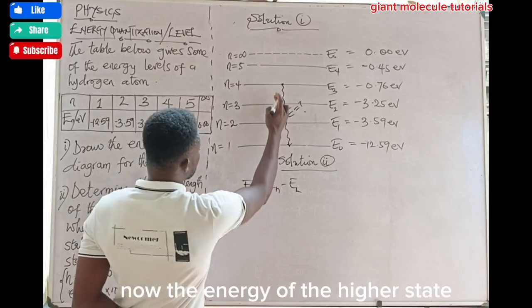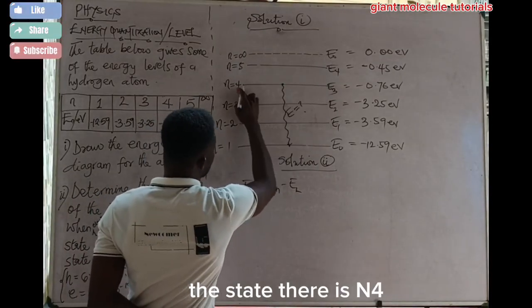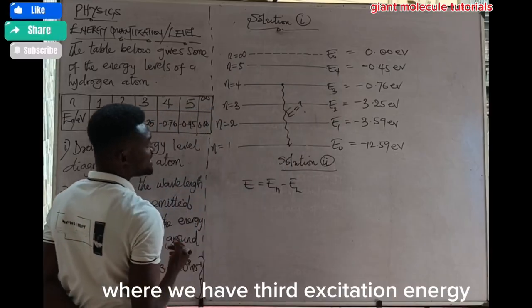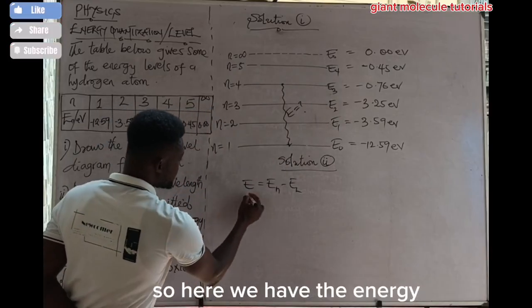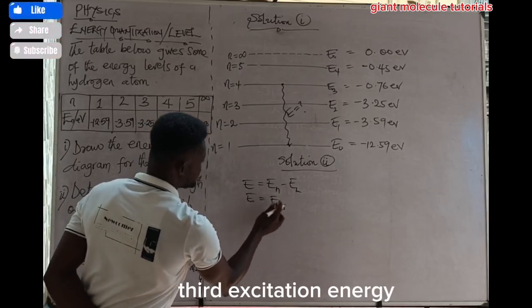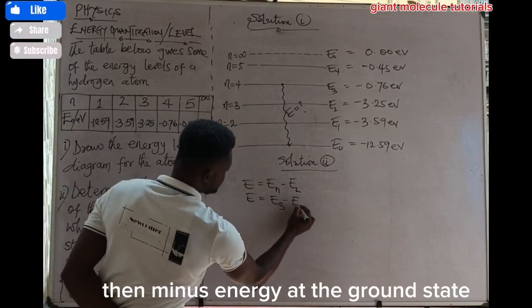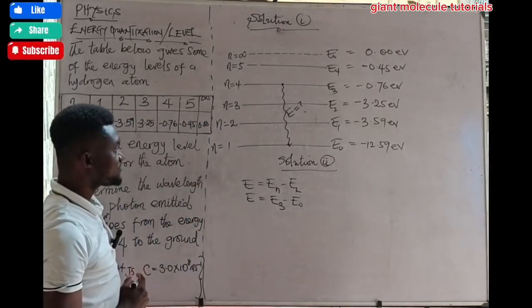Now the energy of the higher state, N4, is the third excitation energy. So we have the third excitation energy as the higher energy level, minus the energy at the ground state.